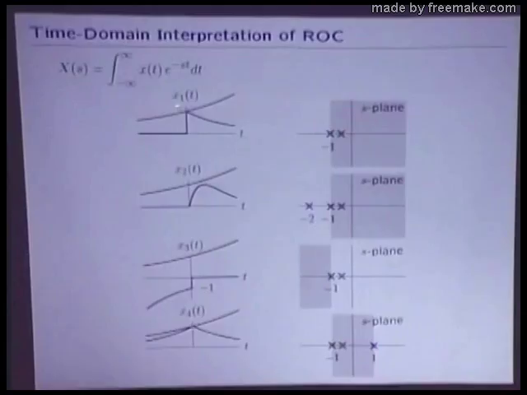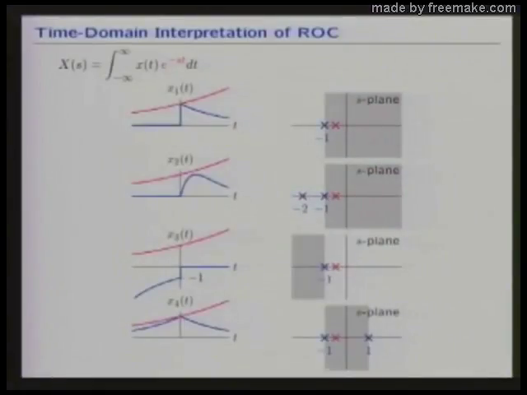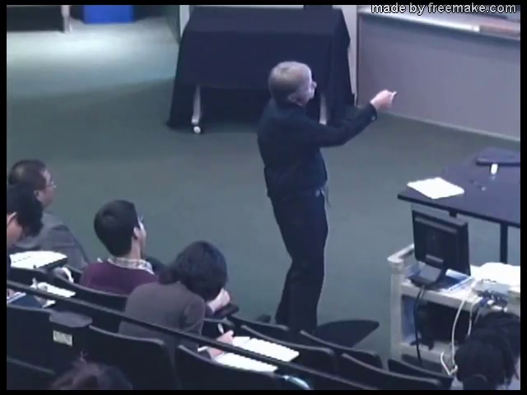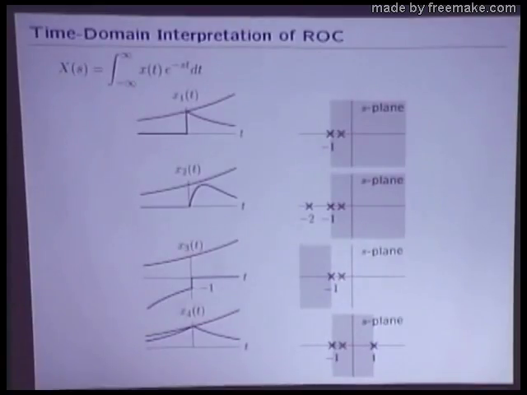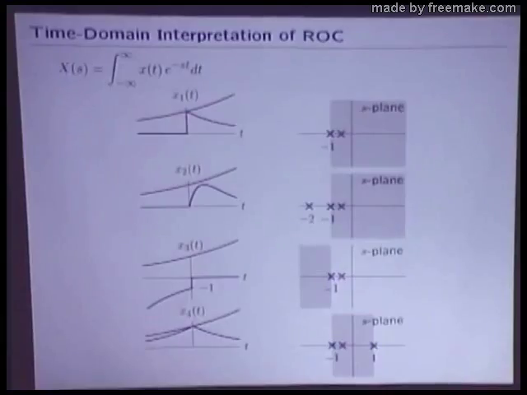It converges because the convergence of the blue line is faster than the divergence of the red line. Even though the red line is diverging, the product is overall convergent. That's because of the relative positions of the red x and the blue x. The blue function is converging faster than the red function is diverging. The product converges. So this x is in the region of convergence.